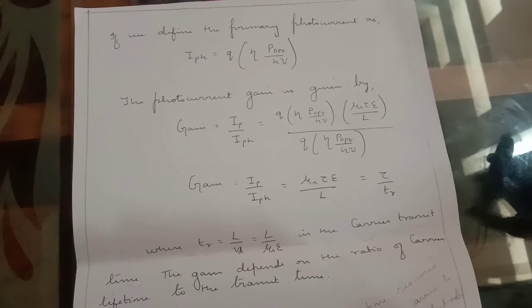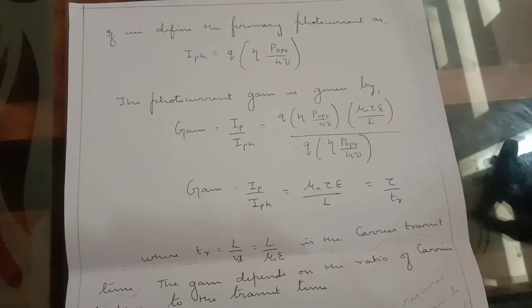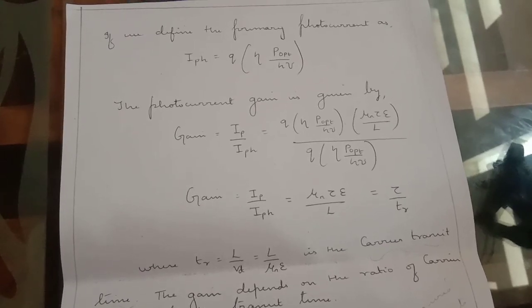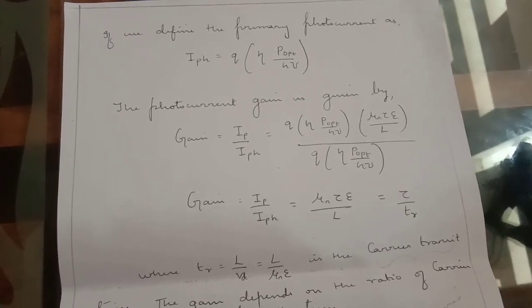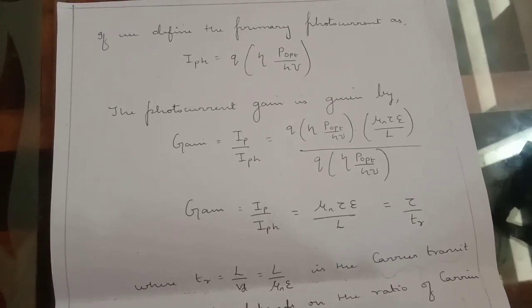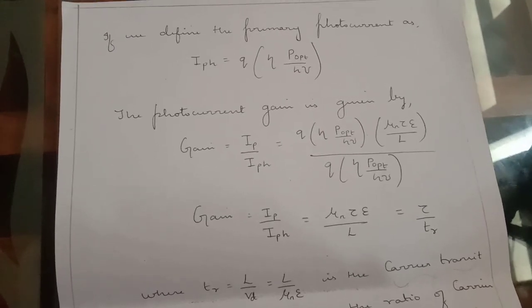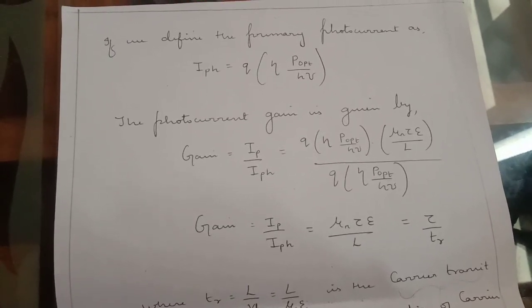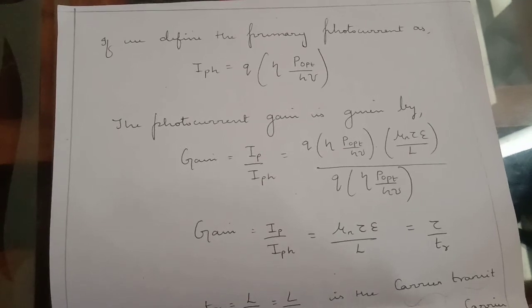But if we define the primary photocurrent as IPH is equal to Q into eta P opt divided by h nu, then the photocurrent gain is given by the photocurrent divided by primary photocurrent, that is Ip divided by IPH.